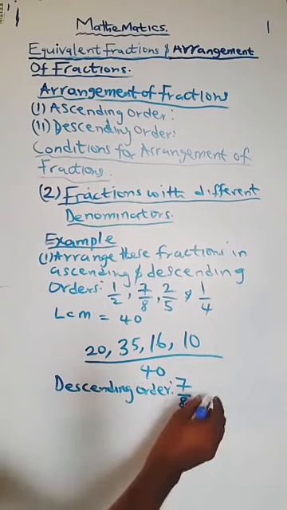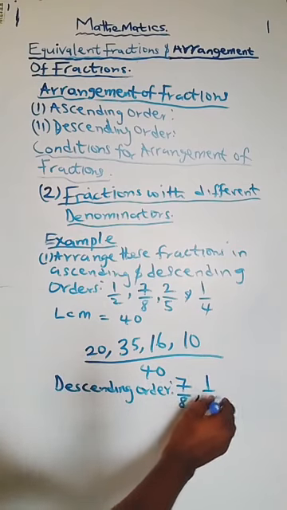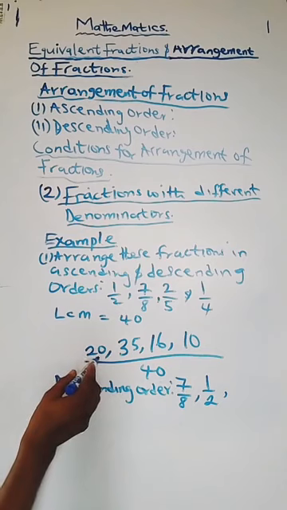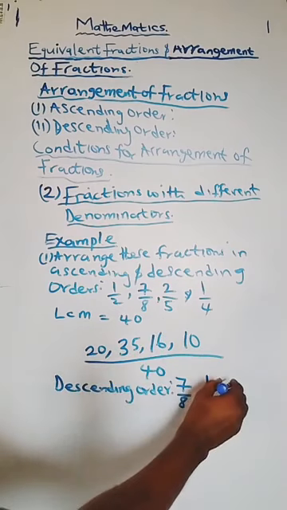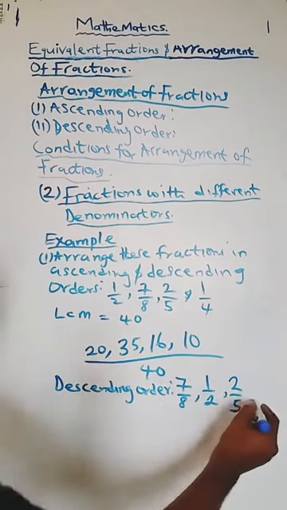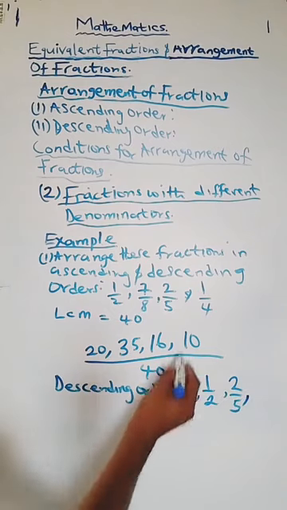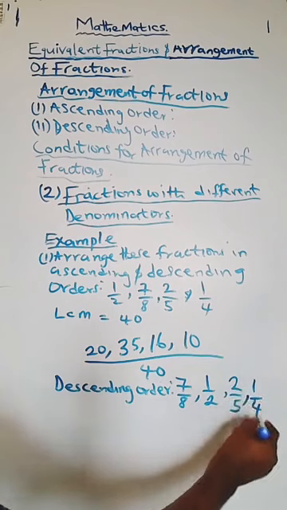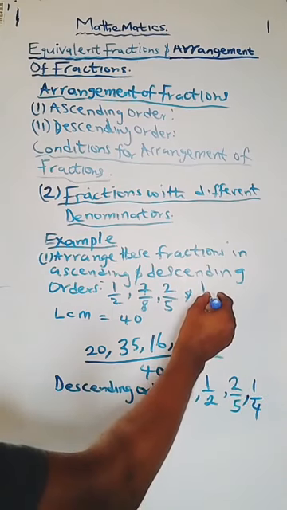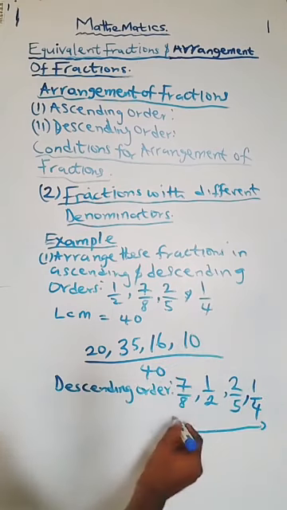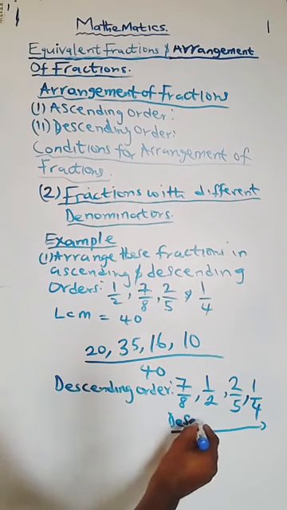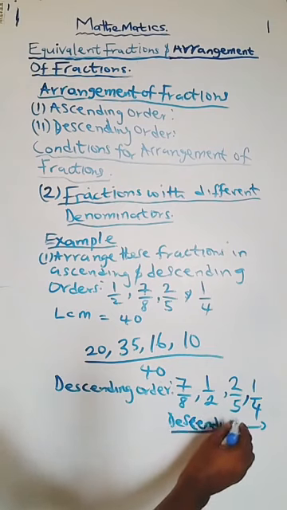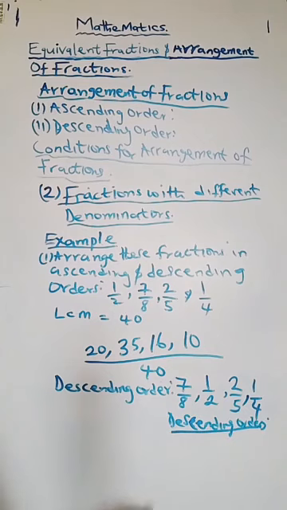That is 1/2. Then followed by 16. Which fraction has 16? That is 2/5. That will be followed by the smallest. Which fraction has the smallest? The smallest is 10. The fraction that has that 10 is 1/4. So this is descending order. So far so good.